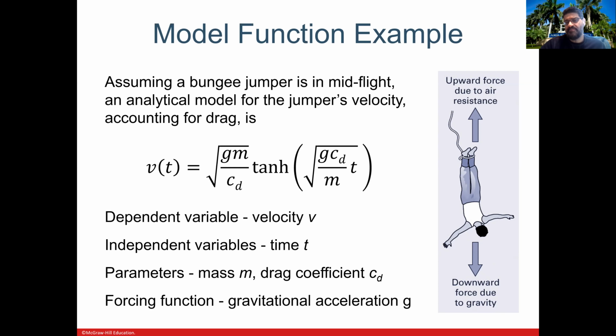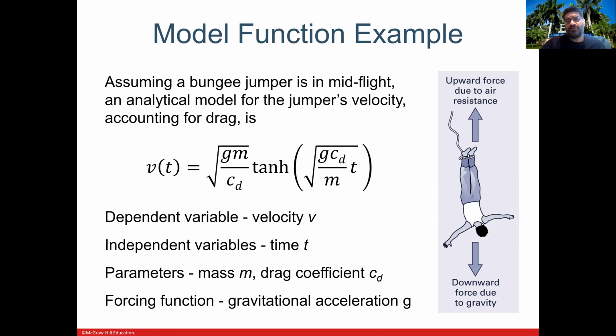In this case, the mass depends on the physics of the jumper, and the drag coefficient also depends on the physics of the jumper as well. Now, the forcing function is usually the gravitational acceleration, which usually doesn't change that much, but it definitely changes with altitude. Sometimes you can consider it constant, but it does also have a unit.